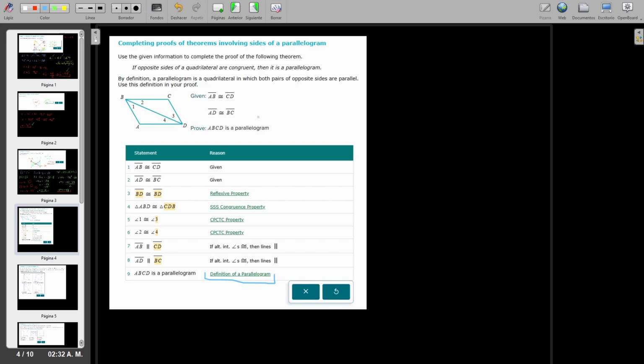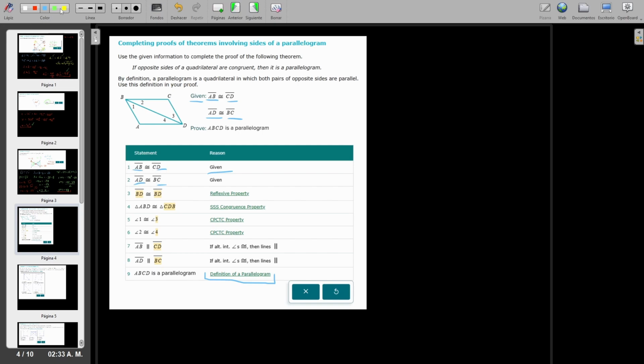Now we start. How do we start? By putting the given values. In this case, the segments A and B, and the segments C and D are congruent. Why? Because they are given. The same as the segments A and D and BC. AD and BC. AB and CD.